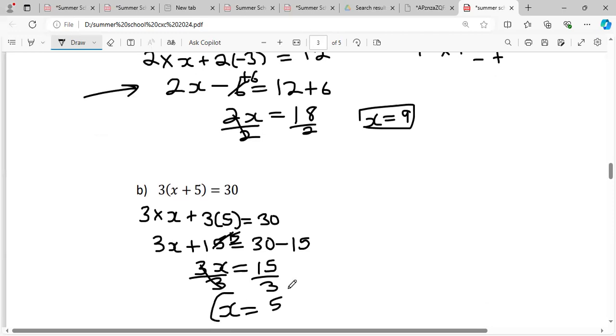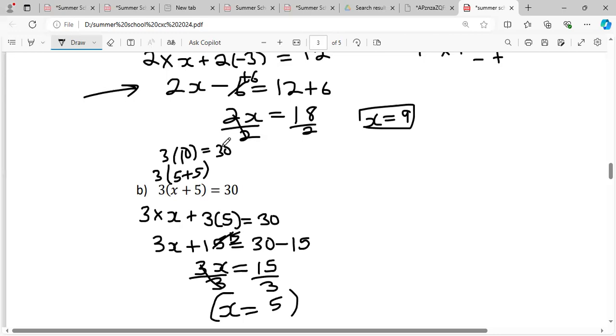And it makes sense, right? Because if you put 5 here, you work out what's inside the bracket first. 5 and 5, 10. And 3 times 10, the bracket means multiply, is 30. So that's how you check this one.